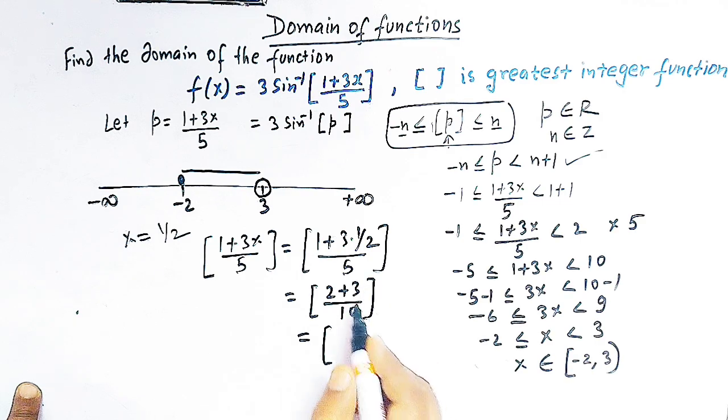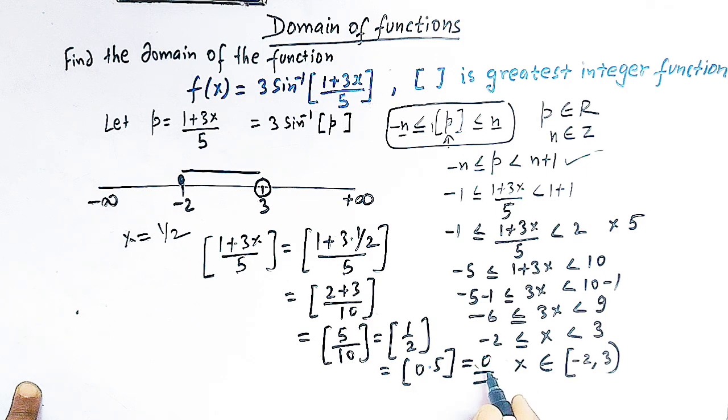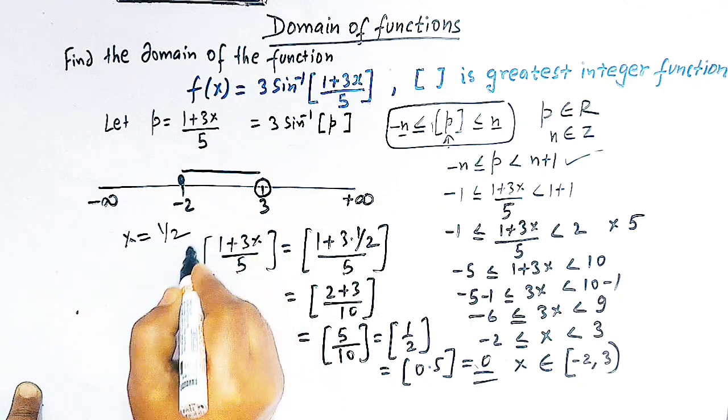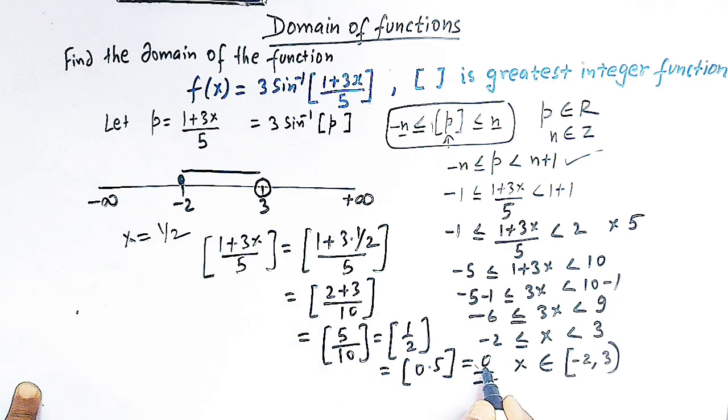And here we have 3 plus 2 is 5, and here we have 10, and here we have half, and this is 0.5, and the greatest integer of 0.5 is 0 by definition of greatest integer function, right? And when x is equal to half, then the value of this greatest integer of 1 plus 3x over 5 is 0.